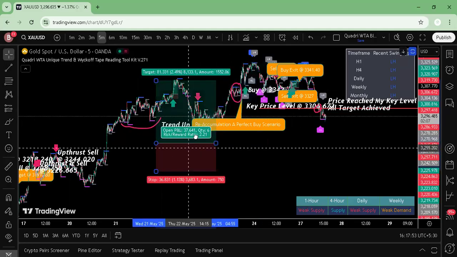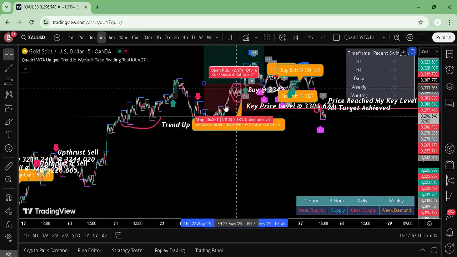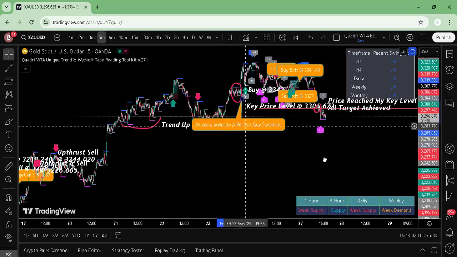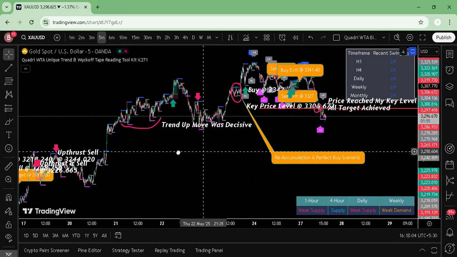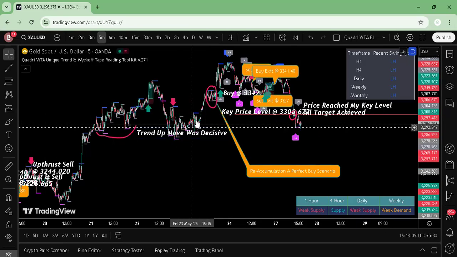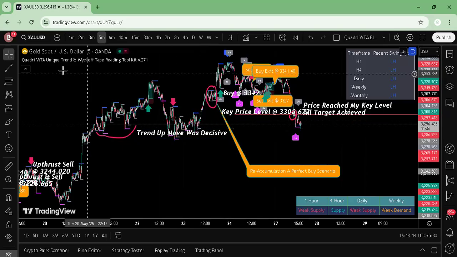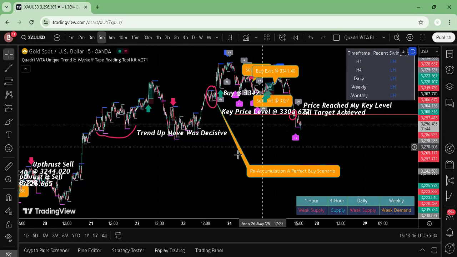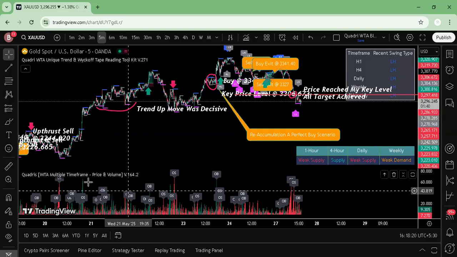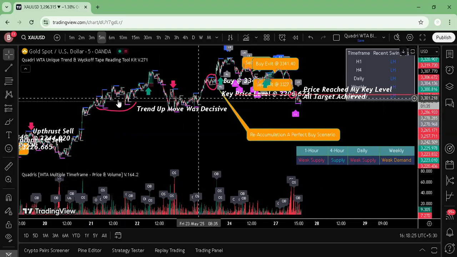Please bear with me if you find overlapping drawings, because I cannot delete this previous analysis as I want to continue with it. If somebody was planning 3300, this was the opportunity wherein, based on my tape reading and unique trend and as well as my upgraded vice wave, I would have initiated at this particular point.